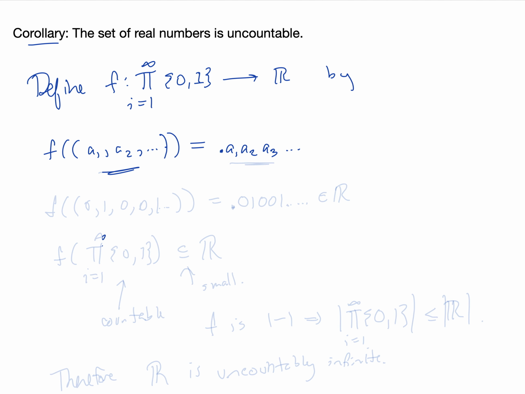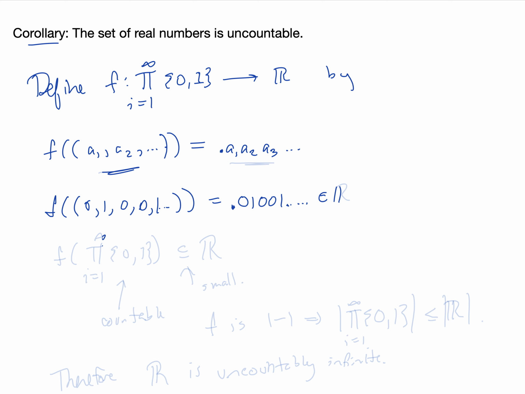So each of these things is a real number, right? So for example, f of the tuple (0, 1, 0, 0, etc.) would then be equal to the decimal value 0.0100 and so on forever.